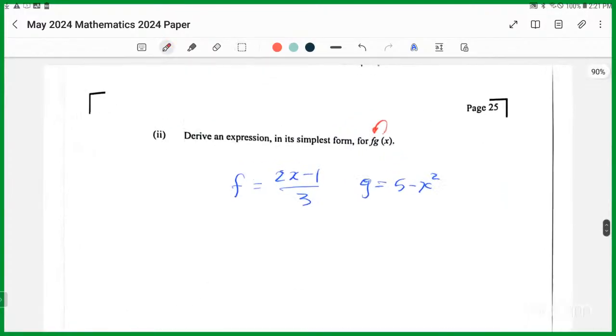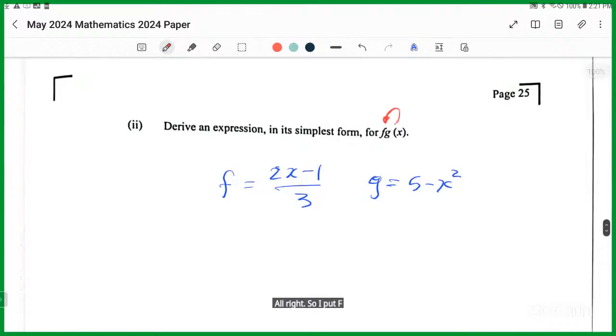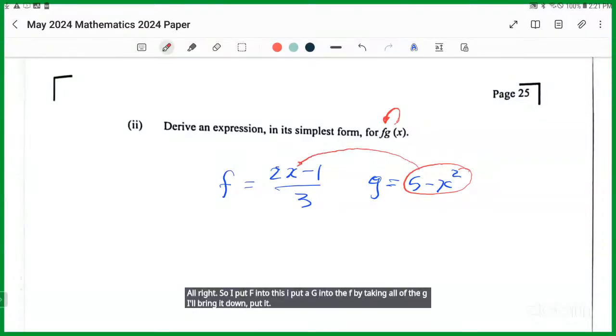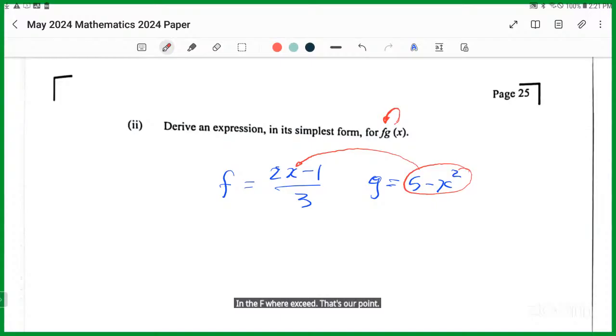All right. So put the g into the f by taking all of the g and putting it in the f where x is. That's what I mean by putting g into f.